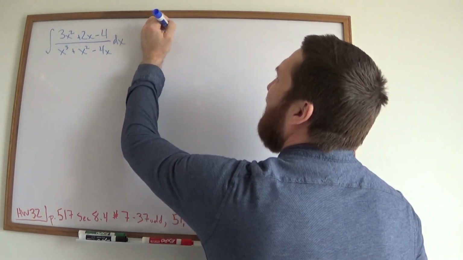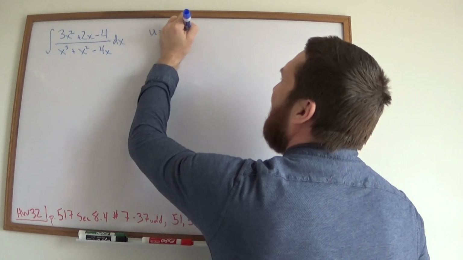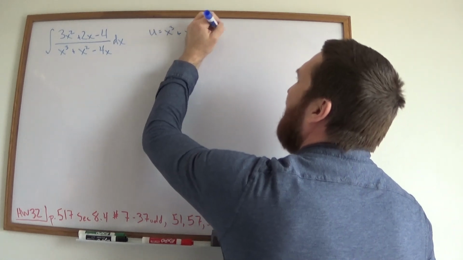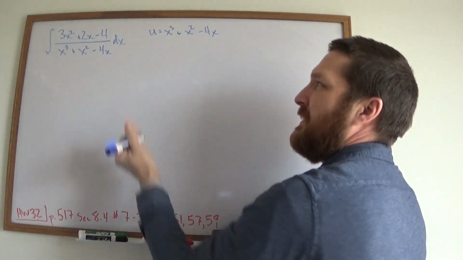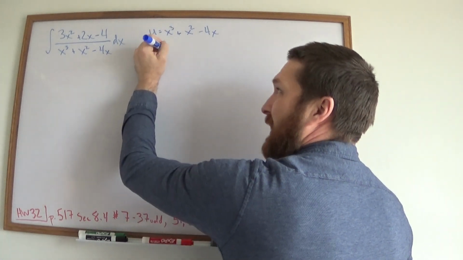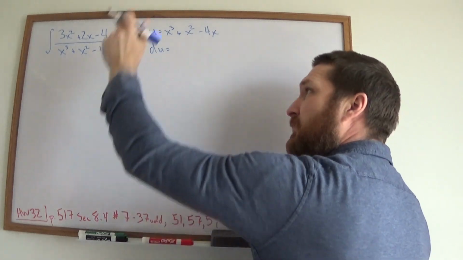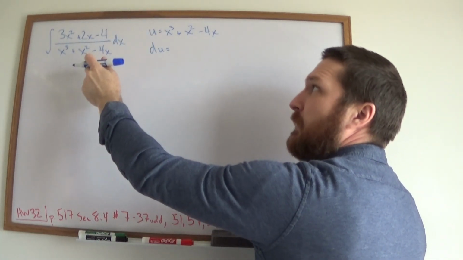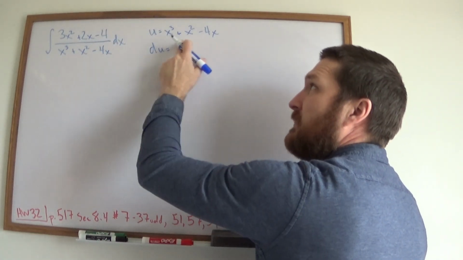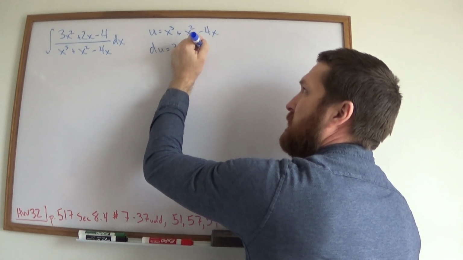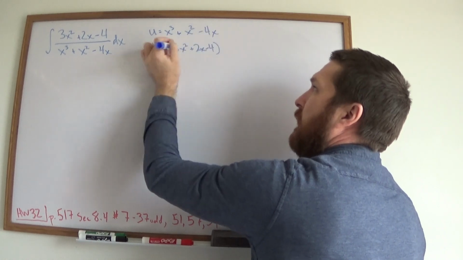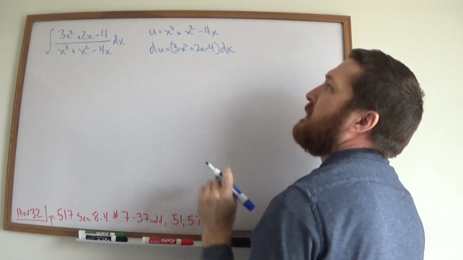It's just the derivative of the top is just the derivative of the bottom. The numerator is the derivative of the denominator. So if it's the case that your numerator is the derivative of the denominator, then you could do this substitution and watch what happens. 3x squared plus 2x minus 4 dx.